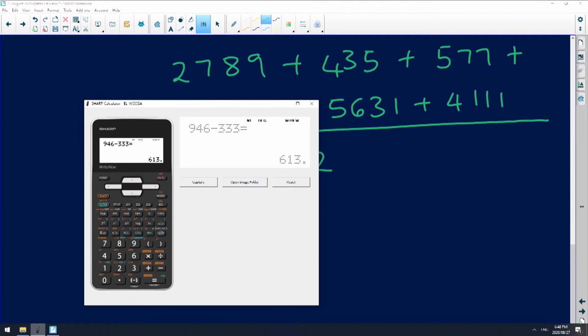And we need to be super careful when we're putting all these numbers into our calculator. So 2,968 plus 4,312.